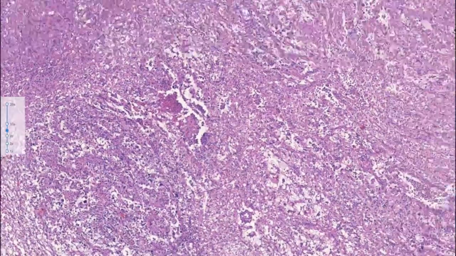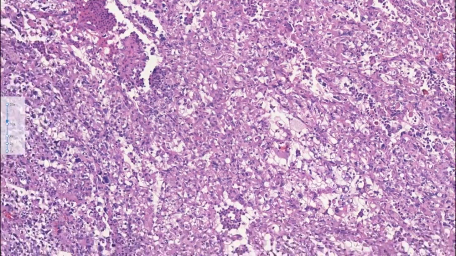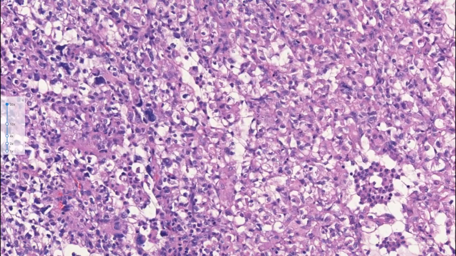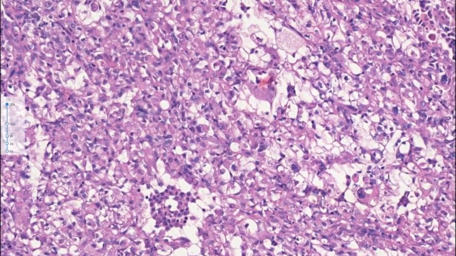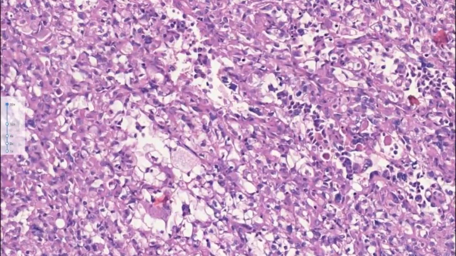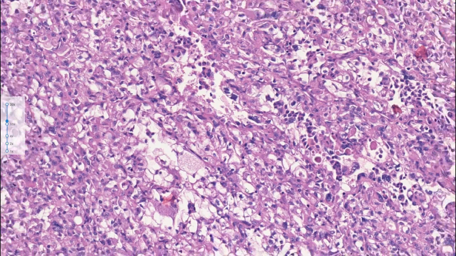We have another tumor that has a subtle papillary appearance. You do have atypia. You do have hyaline globules. That is another feature that is typical for this tumor.